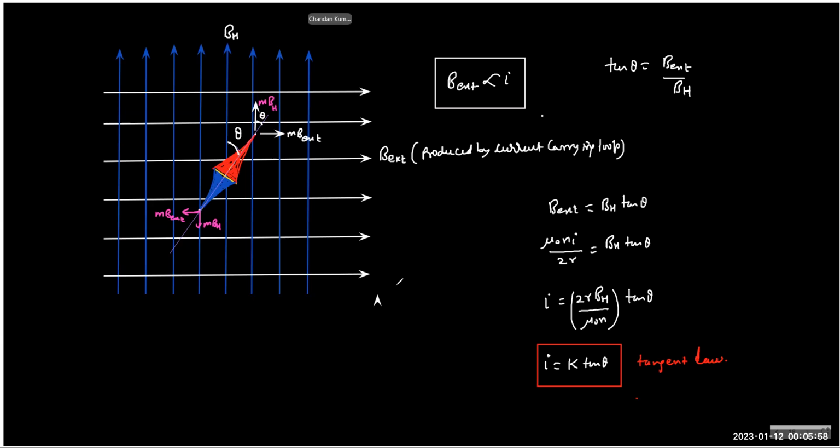If you have confusion, if someone is showing BH horizontal, I will shift the theta there. So what you must remember is that theta is always measured with respect to what?